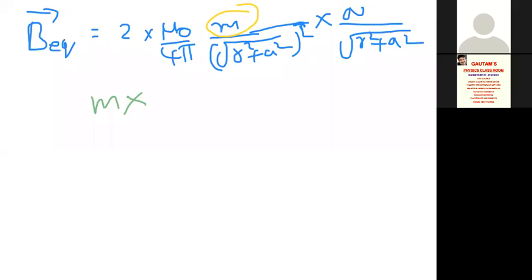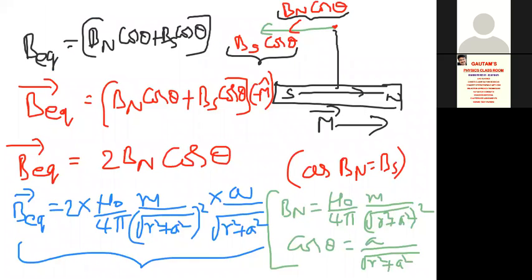So now I group the 2 and a with m, that means m into 2a. m is pole strength and 2a is magnetic length. Pole strength into magnetic length is called magnetic moment. And in the last page, I forgot to write minus m cap.